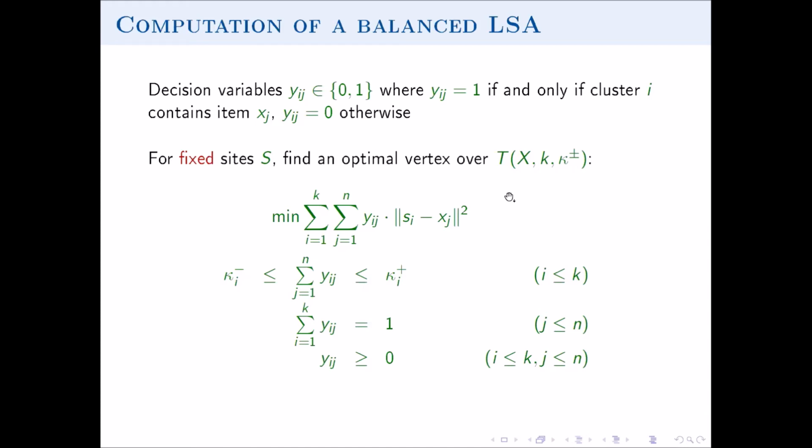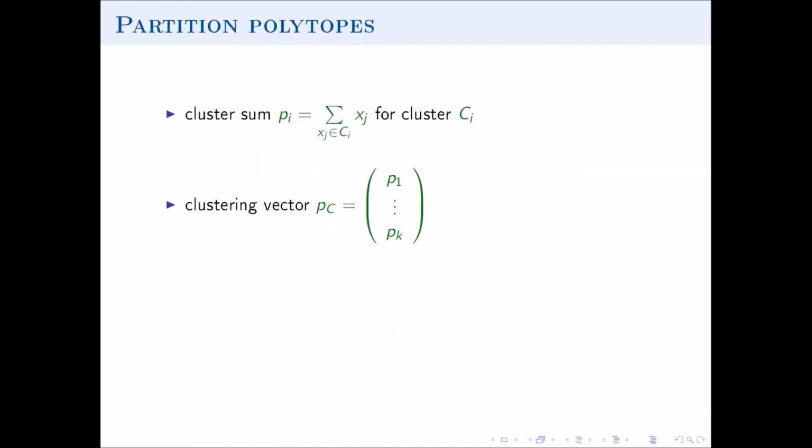And for that, I want to get into the partition polytopes. So two terms that I will need for the definition of those polytopes are the cluster sum. So Pi for cluster Ci is the sum of all coordinates of items assigned to the cluster.